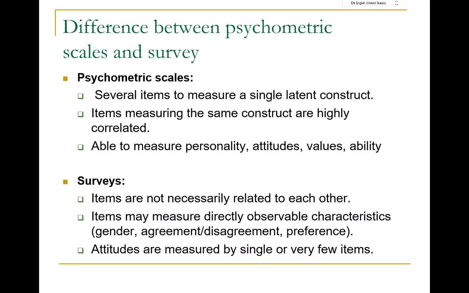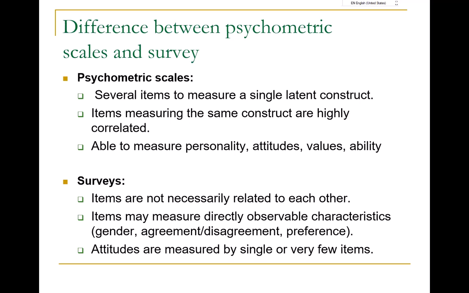Psychometric scales and surveys are both tools for data collection, but they are used in different contexts. This class is only about surveys. Psychometric scales are designed to measure a latent construct such as personality traits or attitudes. They typically include several items that are highly correlated with each other. Scales help researchers measure abstract concepts reliably.